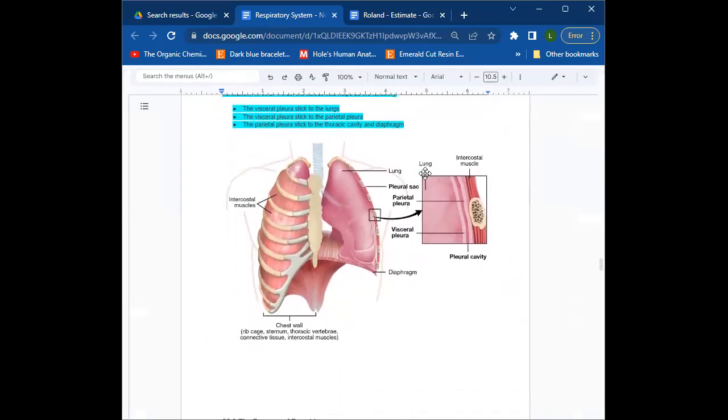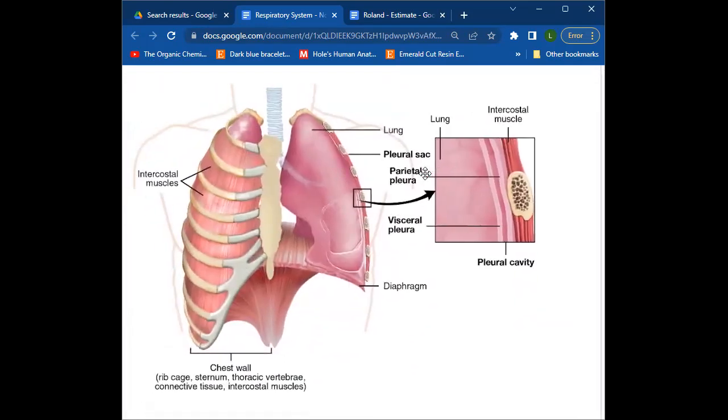Let me actually show you in the picture. So this would be the visceral pleura, right up against the lung. And then this is the parietal pleura, more external. You can see that it's against the rib and the rib muscles.